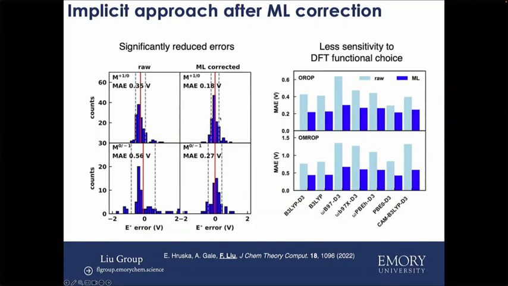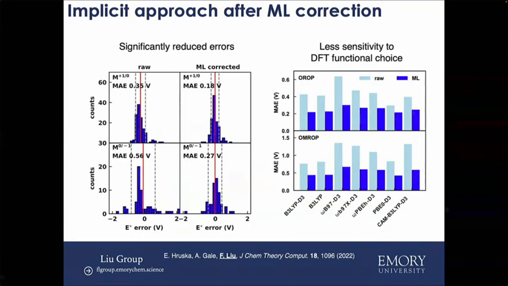We also found that after the machine learning correction, the performance of different DFT functionals also becomes similar. That means the choice of the DFT functional is no longer that important.